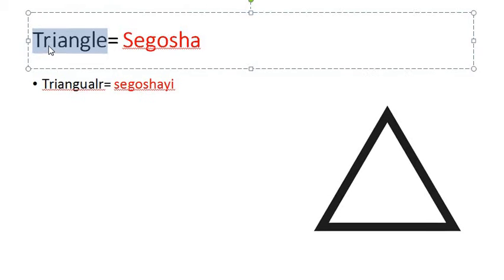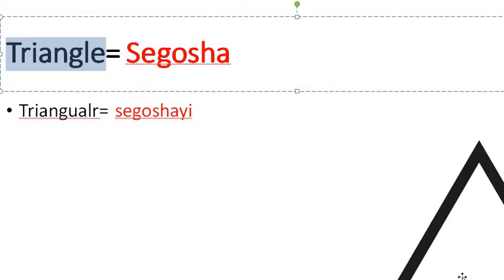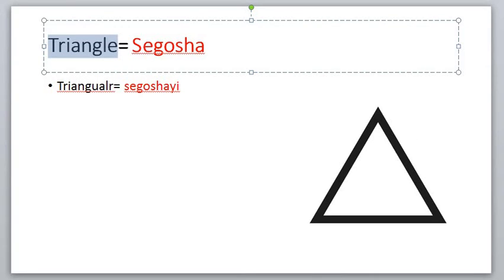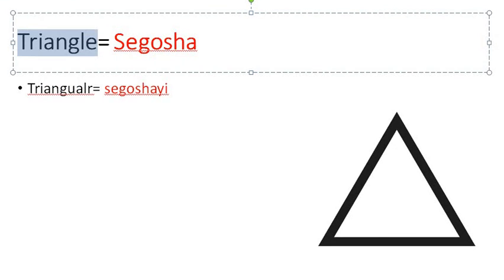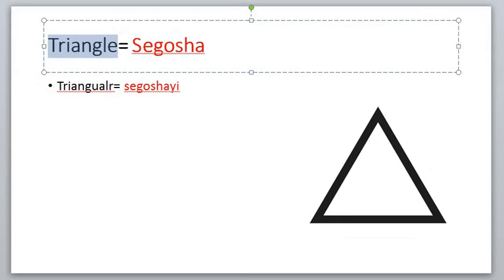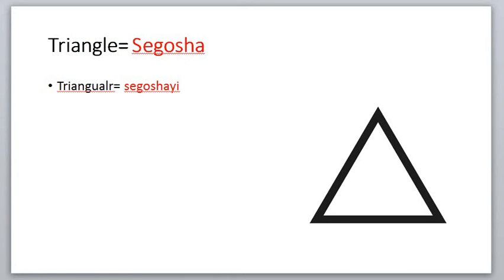If you want to make an adjective, you say segosh, segoshei, which means triangular.